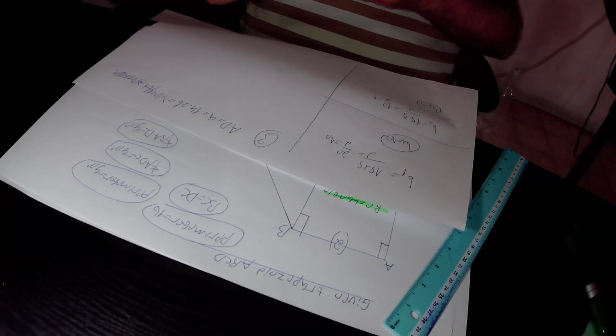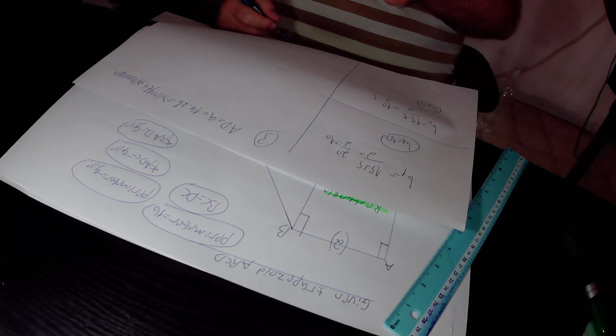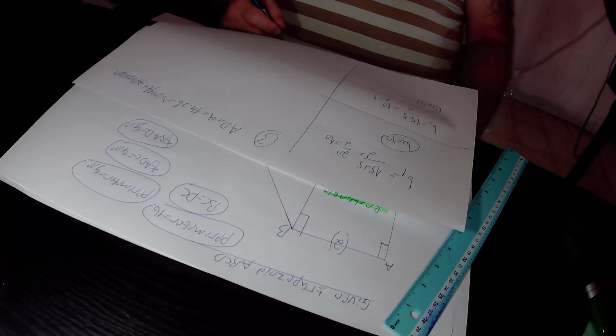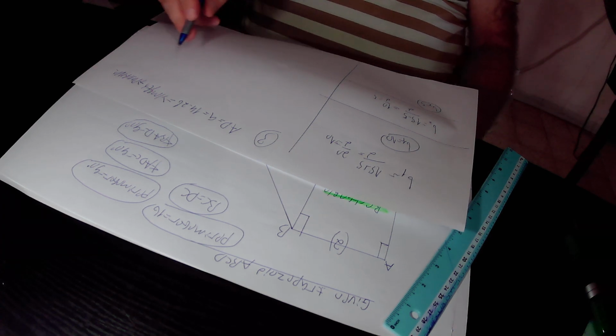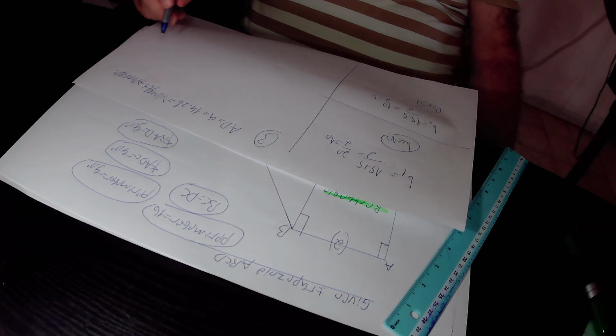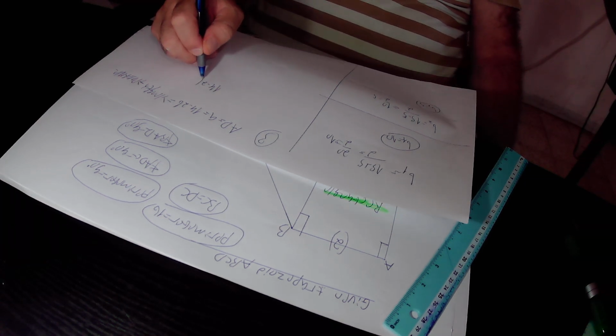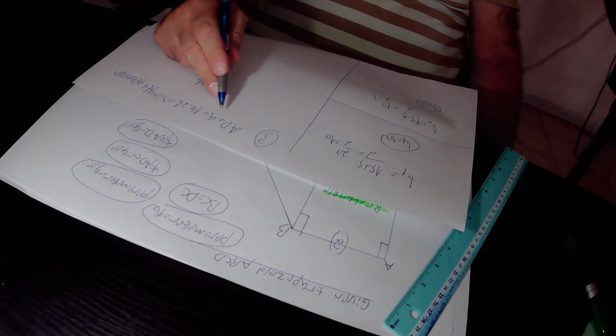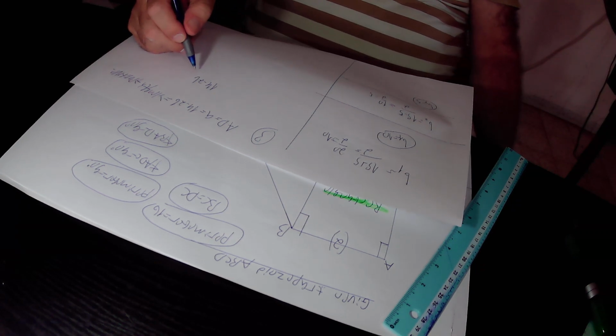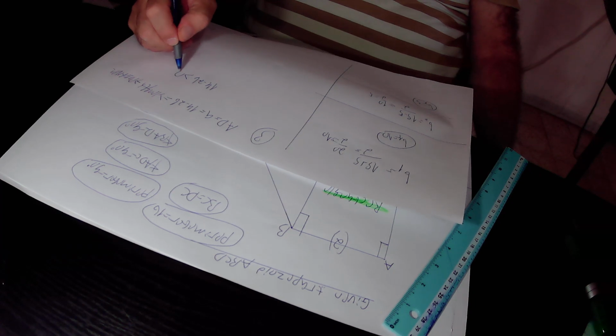And we know that the length of AD is 14 minus 2b. So 14 minus 2b must be greater than 0.